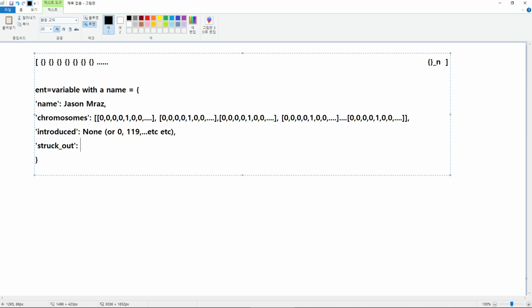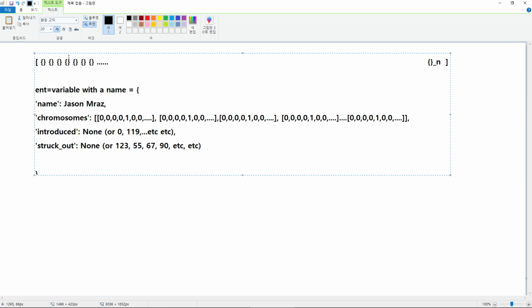If it did that in generation 322, it would have that. Of course, its initial value would be none. If it had none, it means the entity did not get struck out by going over the threshold. Otherwise it would be a number like 1, 2, 3, 4, 55, 67, 90, etc.